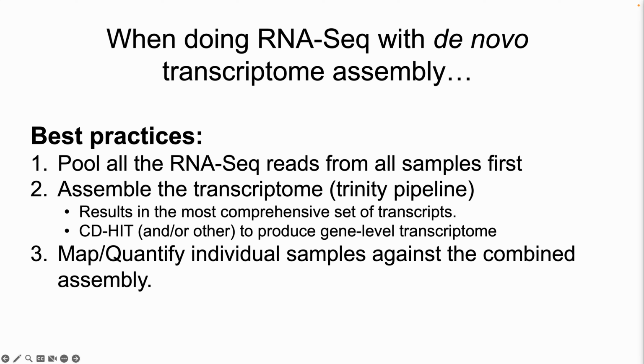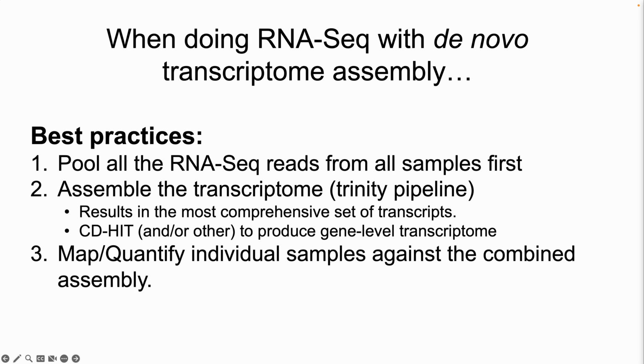The reason is that you'll get the most comprehensive set of transcripts that way. So that's becoming your reference, and then you're going to take your individual samples and remap them to that comprehensive, quote unquote, transcriptome.